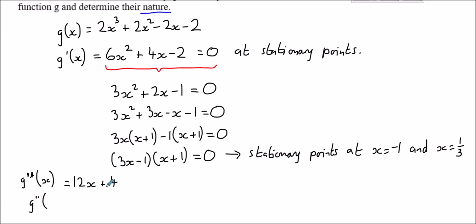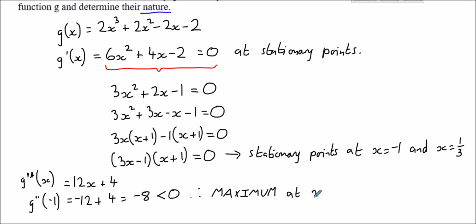So the second derivative where x is minus 1 is going to give us minus 12 plus 4, which is minus 8, which is obviously negative. And so because we have a negative second derivative where x is minus 1, that shows us that we have a maximum where x is equal to minus 1.